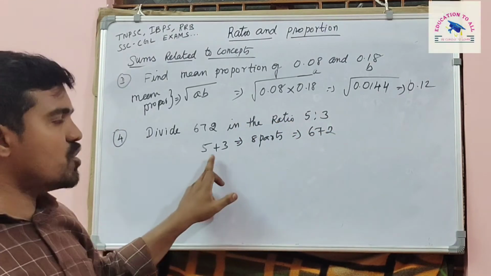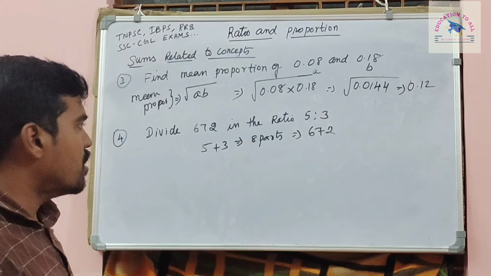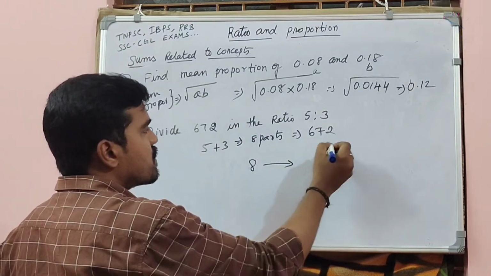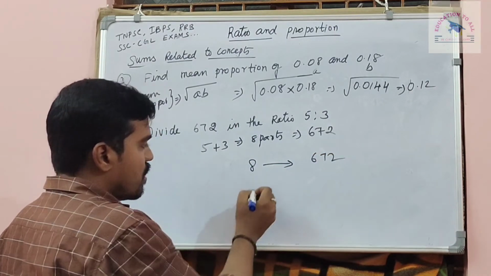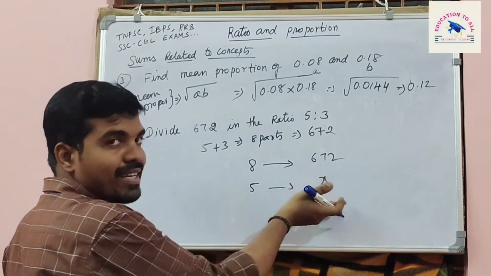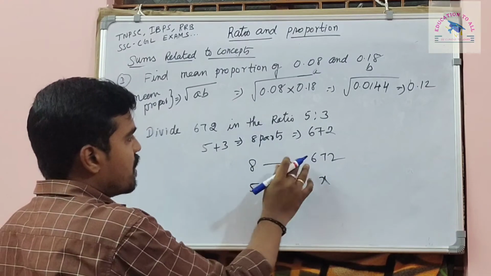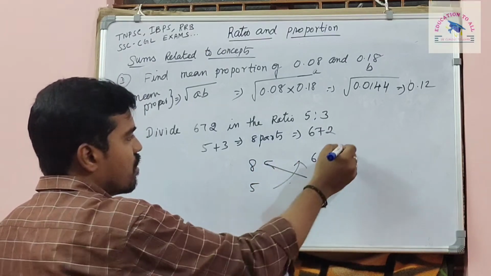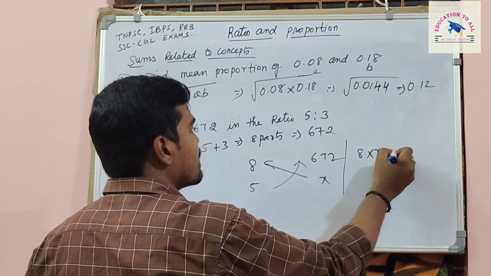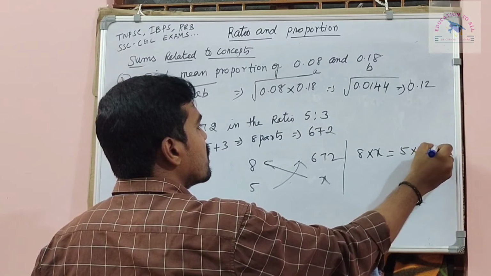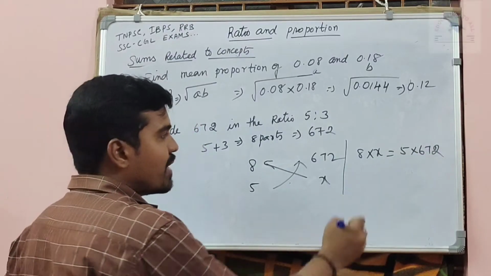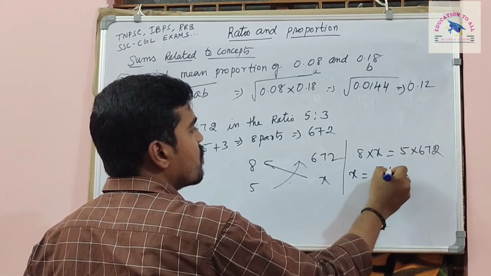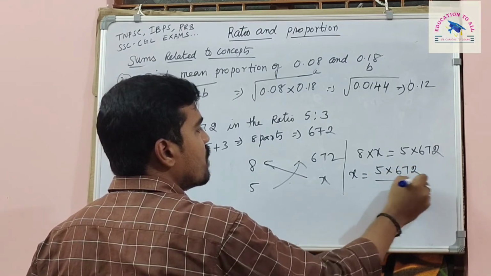How to do it? First you add 5 plus 3, we got 8. So here 8 parts equal 672. Then 5 parts is what? X, we don't know. Then do the cross multiplication: 8 into x equals 5 into 672. We want the x value, so x equals 5 into 672 divided by 8.